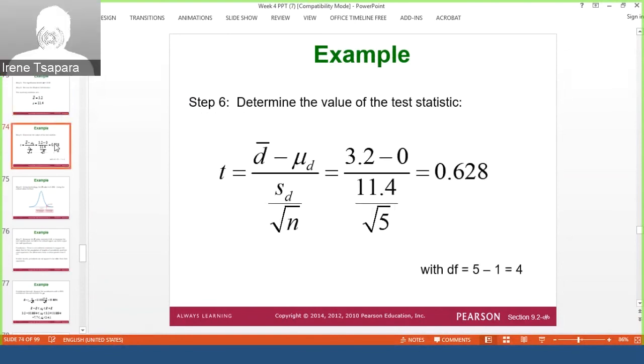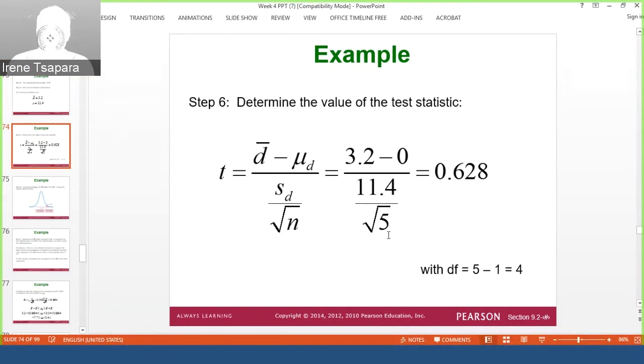So then you take the test statistic: d bar, that is the mean of the differences, minus the hypothesized value, that is 0, divided by the standard deviation of the sample differences divided by the square root of n, that is 5. Your t-score is 0.628.